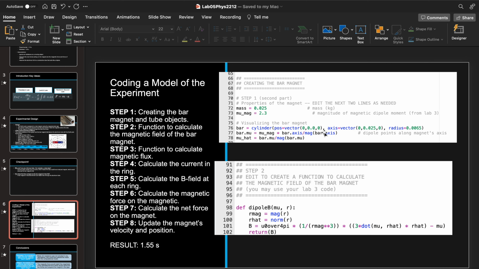And so the result from the code, or the model, was 1.55 seconds for how fast the magnet would fall through a tube of aluminum foil of the dimensions that I specified before.